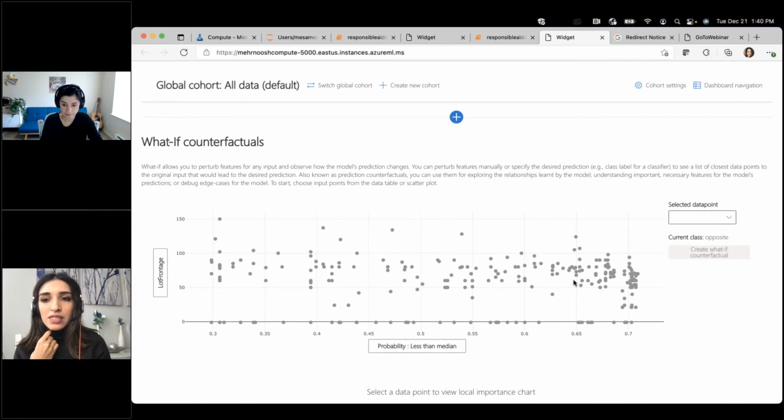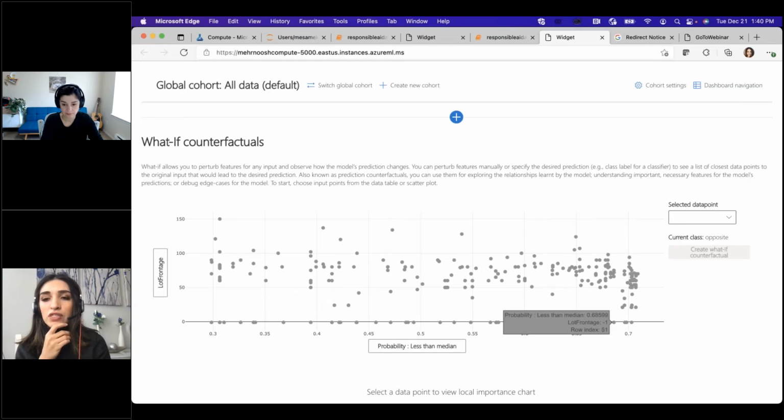What I am seeing right now is this particular scatter plot with all of the data points belonging to that erroneous cohort of old houses that were big or had a great above ground square footage. And I can click on any of these individuals.